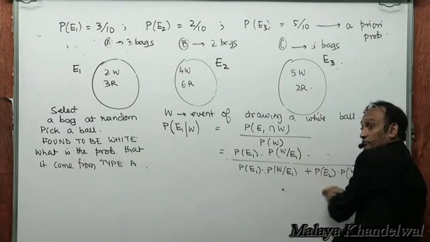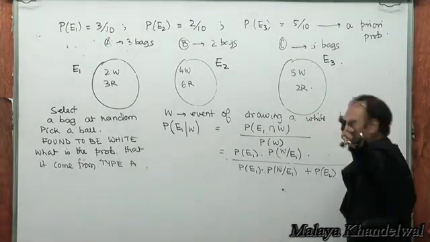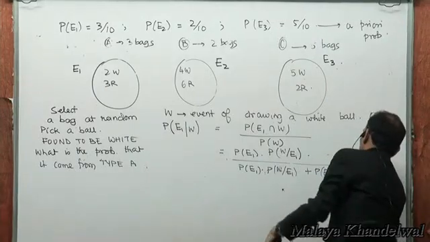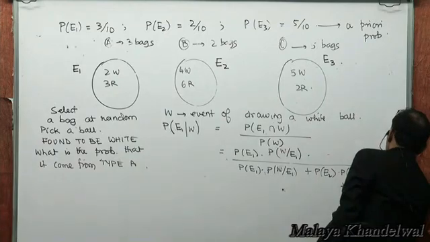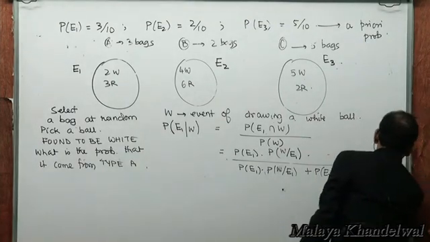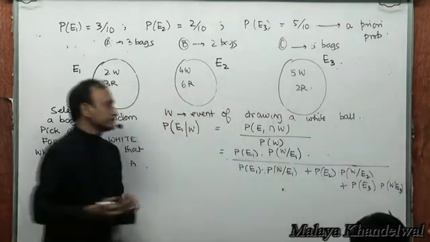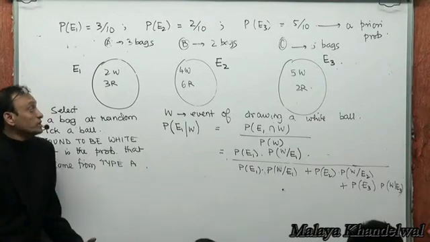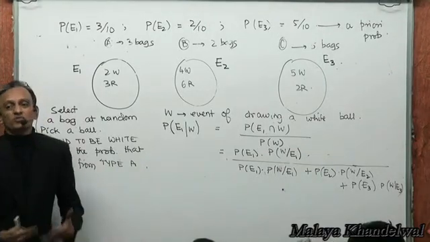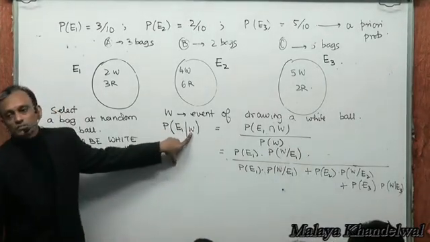I found this, that I called PA earlier, but now I'm calling PW, or probability of E3, probability of white given E3, yes or no? Do you all understand this? This would be the probability that E1 was the cause if a white ball was drawn.